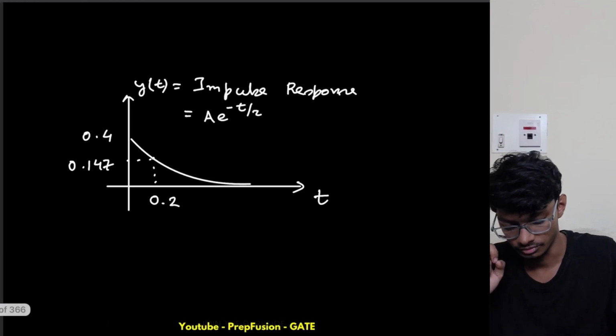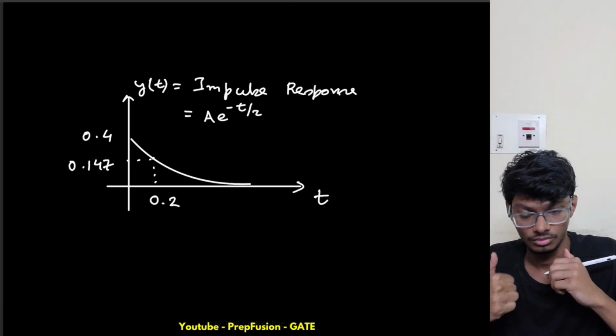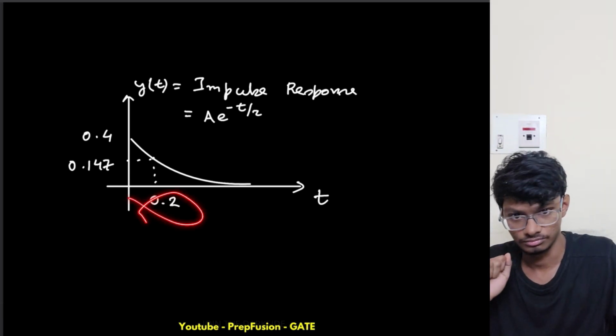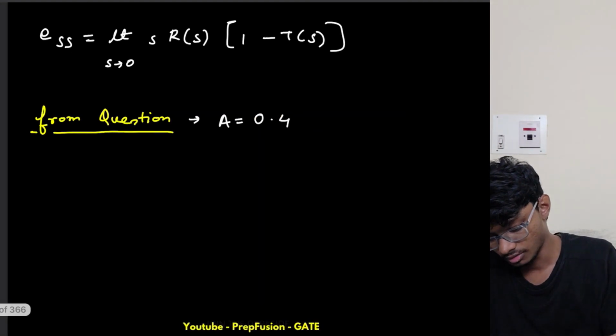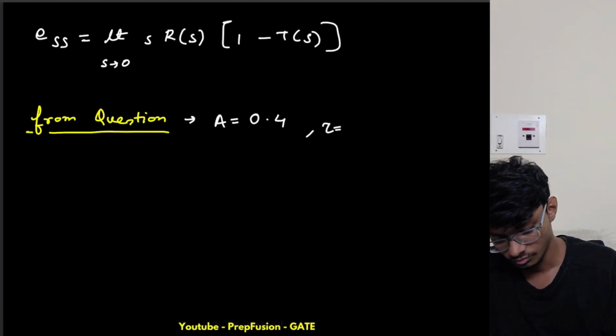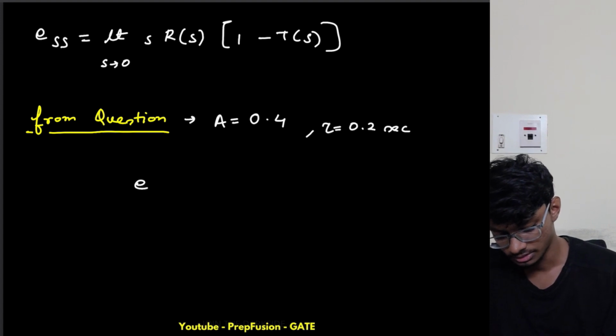Now what is my tau? Tau is basically this one, 0.2, so my tau equals 0.2 seconds. So my equation will look something like this: 0.4 e raised to power minus t upon tau.